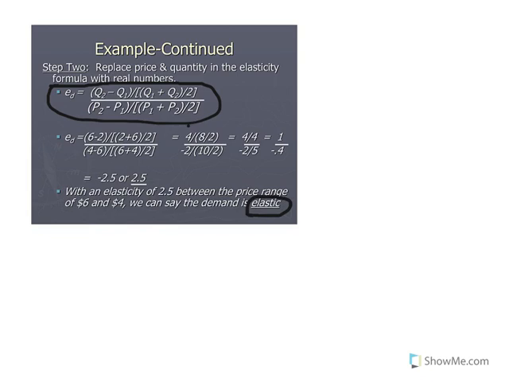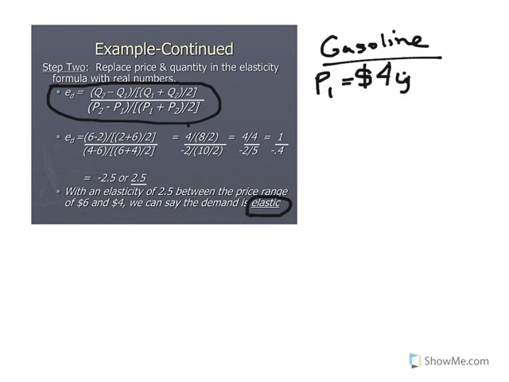Okay, so now what I want you to do is work out an example on your own. Let's say that I'm talking about the price of gasoline and the amount of gasoline that I purchase each week based on the price. Let's say that when the price of gasoline is $4 a gallon, the quantity that I demand is 20 gallons a week.